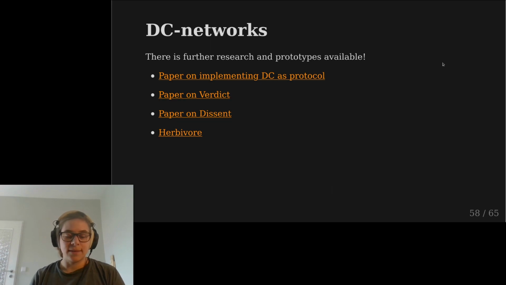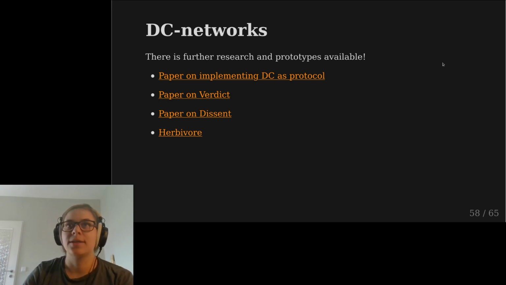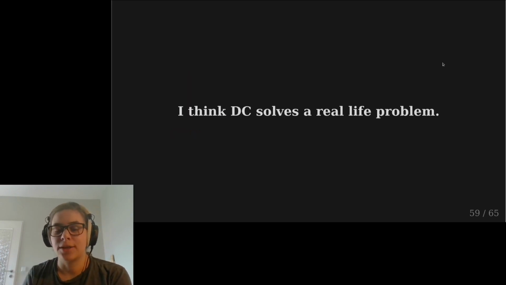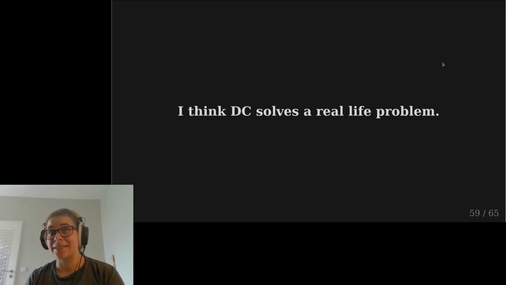So there's a couple of papers on how you actually go about programming your own DC network. There's also papers on different networks that try to actually solve some of these problems that arise if you use this. They have interesting names like Verdict and Dissent and Herbivore. But I'm not going to go into much detail about this because I actually think dining cryptographers solve the real life problem quite elegantly.